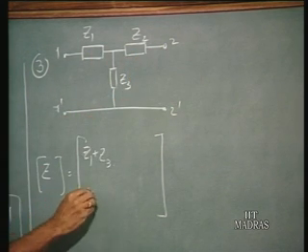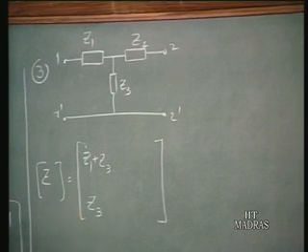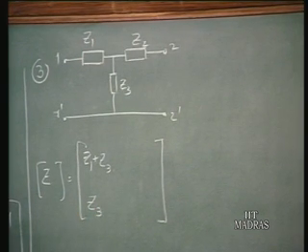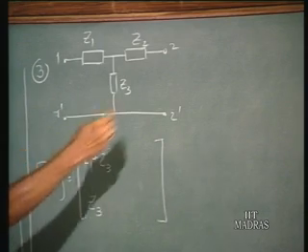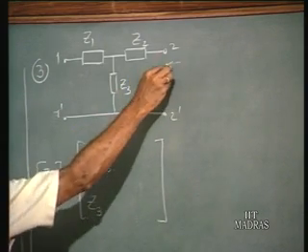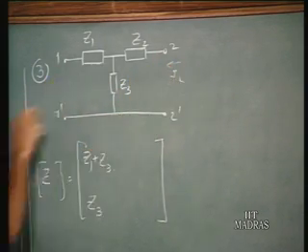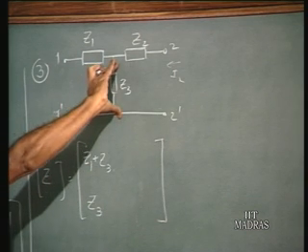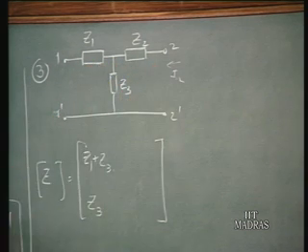So Z3 will be the Z21 element, and when you do the same operation, connecting a current source here of I2 and keeping this open, the voltage that is developed across port 1 is Z3 times I2. Therefore, Z12, which is V1 divided by I2 when I1 is 0, happens to be Z3.